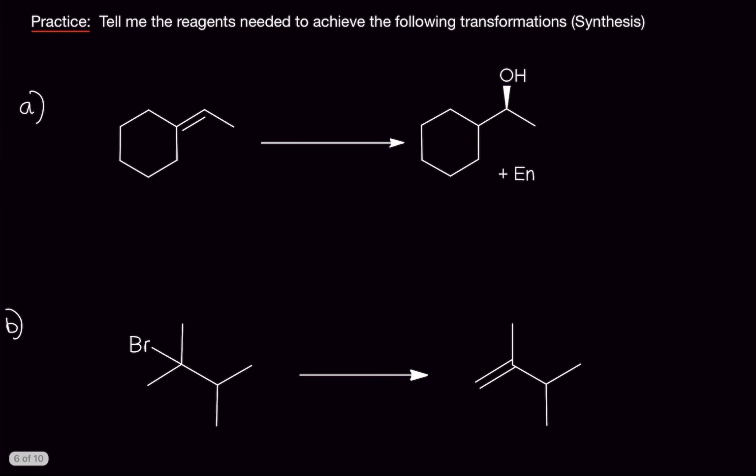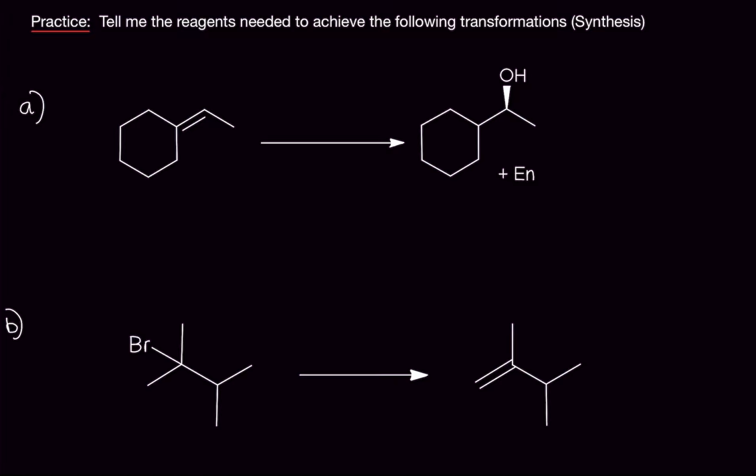All right, let's do some practice here. Practice problems. Tell me the reagents you need to achieve the following transformations, also known as synthesis. Okay, A: we have an alkene here, and we're adding one OH group. We are adding the OH group on the less substituted carbon, because this is the more substituted carbon, and this would be the less substituted carbon.